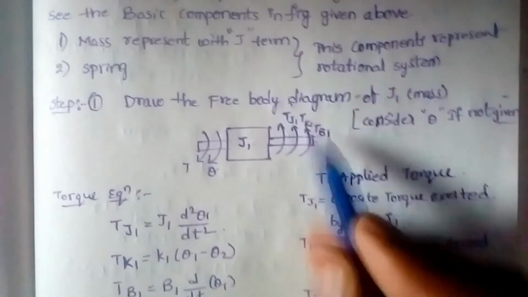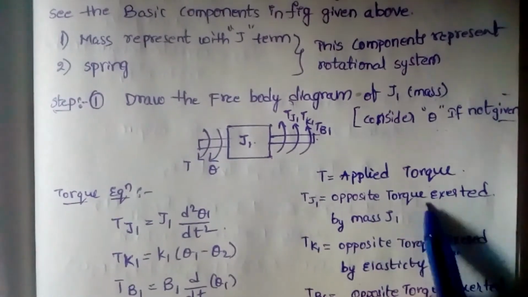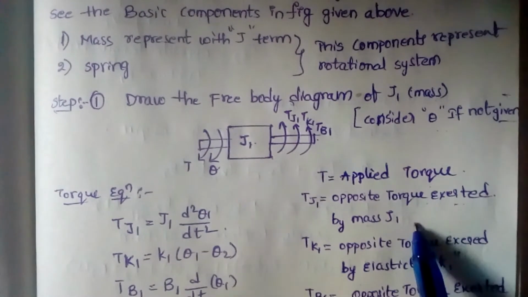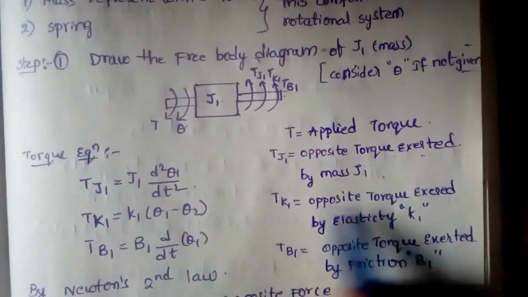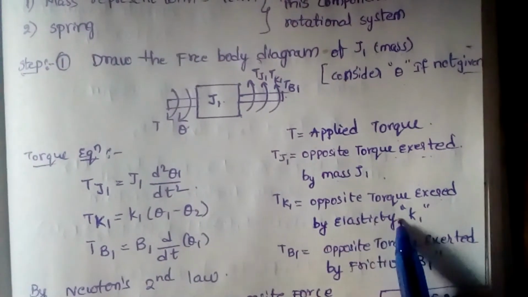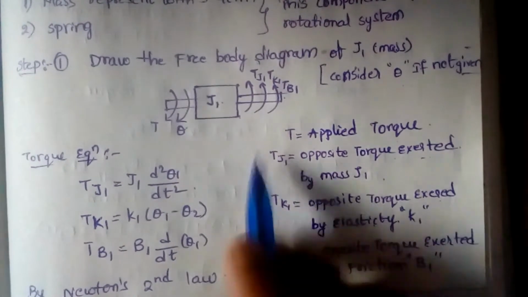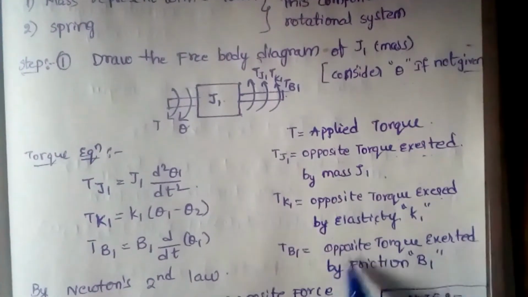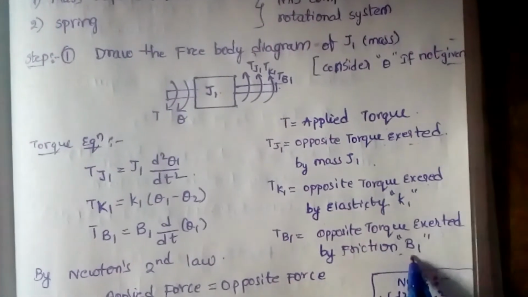T is the applied torque, and Tj1 is the opposite torque exerted by mass J1. Tk1 is the opposite torque exerted by the elasticity of the spring, which is tied on both sides with mass blocks. Tb1 is the opposition torque exerted by the friction B1.